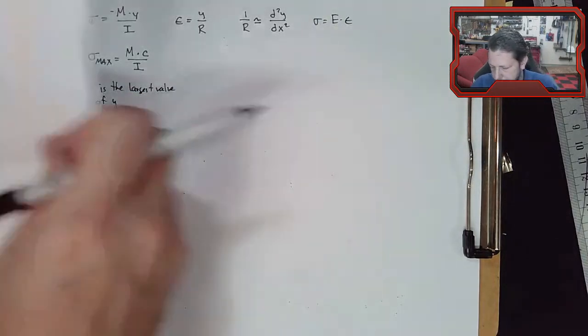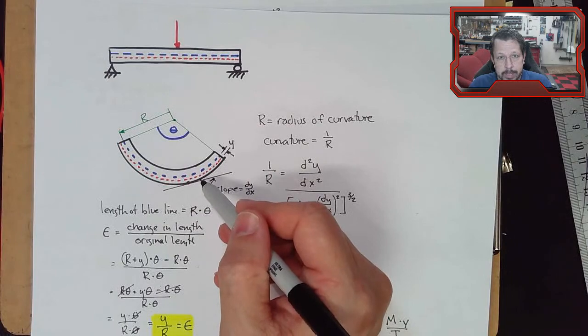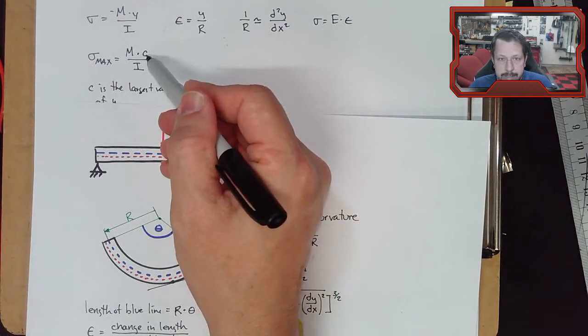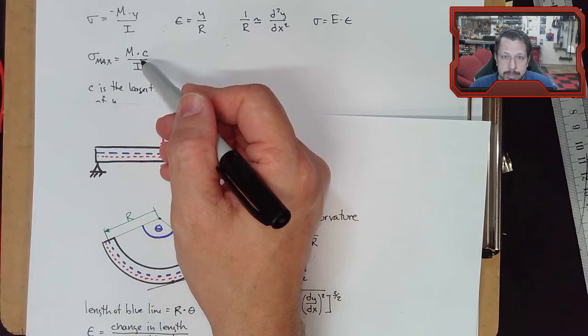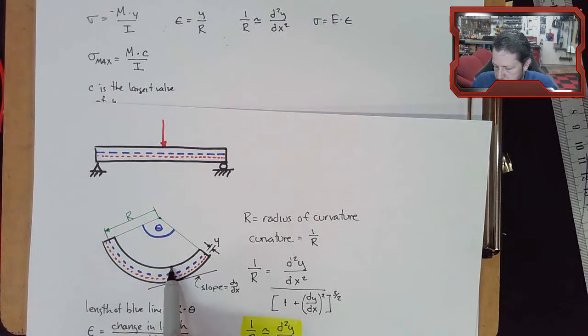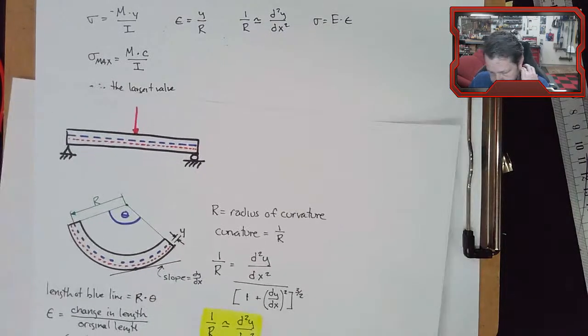And remember, y is the distance from the neutral axis to some point at the top or the bottom of the beam. And when you put c in there, it's telling you to take the larger of those distances. So basically it's saying that we're at the very bottom of the beam or the very top of the beam, whichever is further away from the neutral axis.